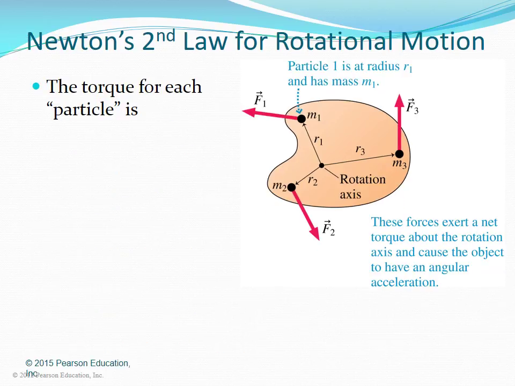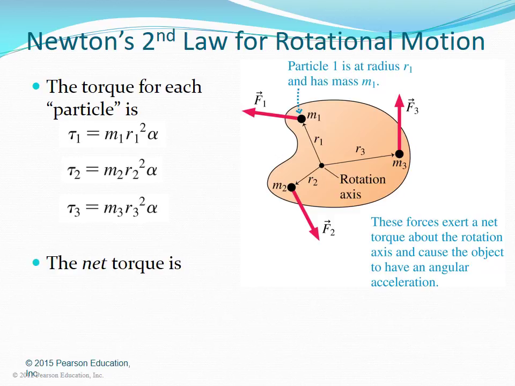We can write down the torque for each particle as tau sub 1 equals m sub 1 times r sub 1 squared times the angular acceleration. Tau sub 2 equals m sub 2 times r sub 2 squared times the angular acceleration. Tau sub 3 equals m sub 3 times r sub 3 squared times the angular acceleration.